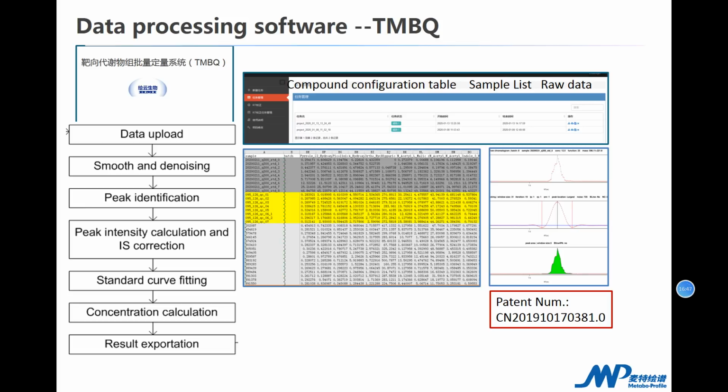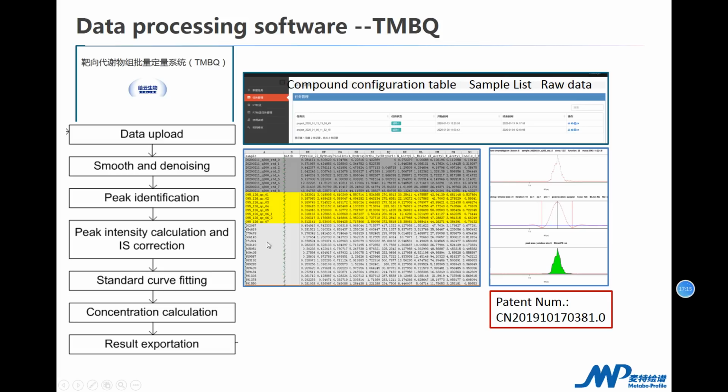There are 7 functional modules in the main workflow of TMBQ, including data upload, smoothing and denoising, peak identification, peak intensity calculation and IS correction, standard curve fitting, concentration calculation, and result exportation.